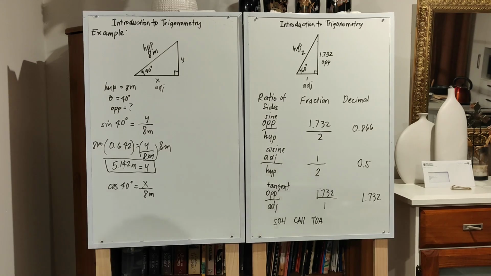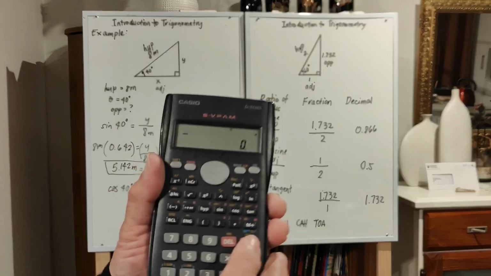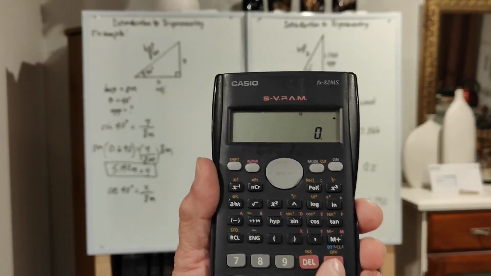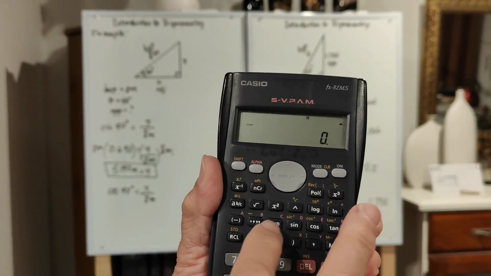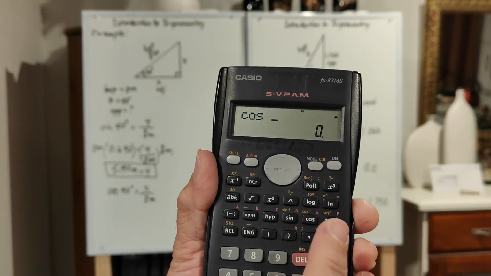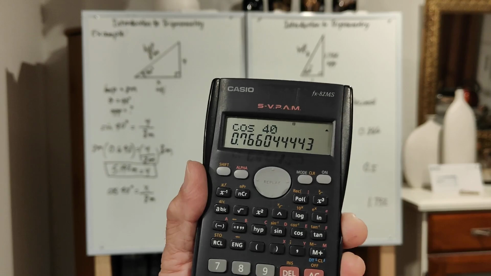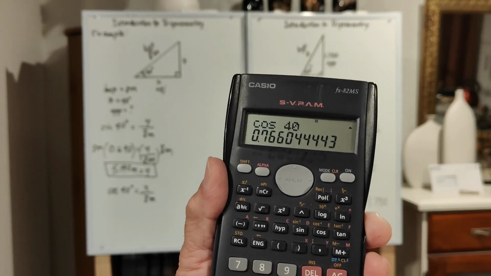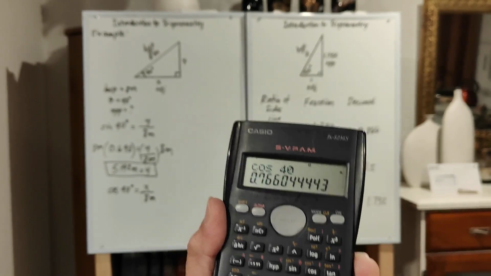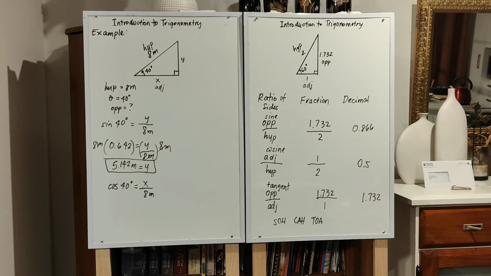So again, looking at the calculator, cosine of 40 is equal to 0.766 something. So we'll now write it on the board.